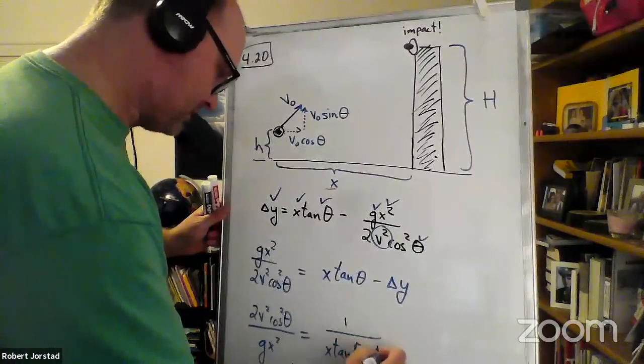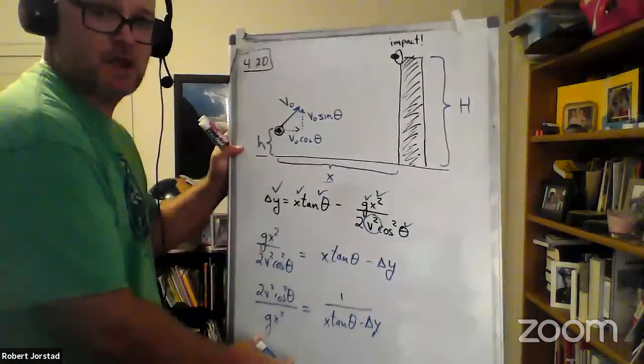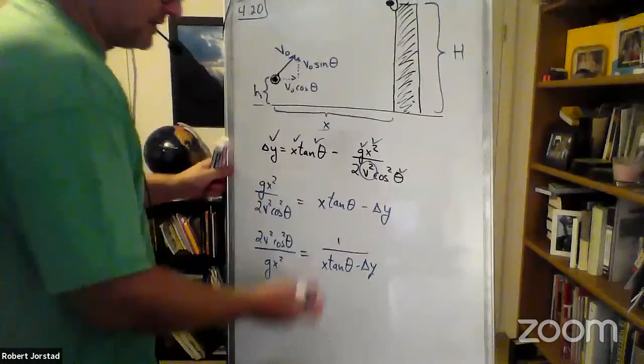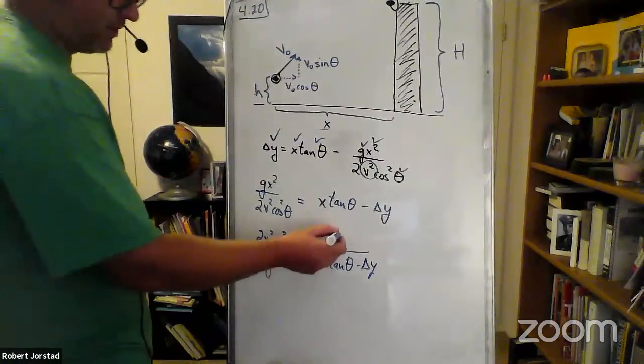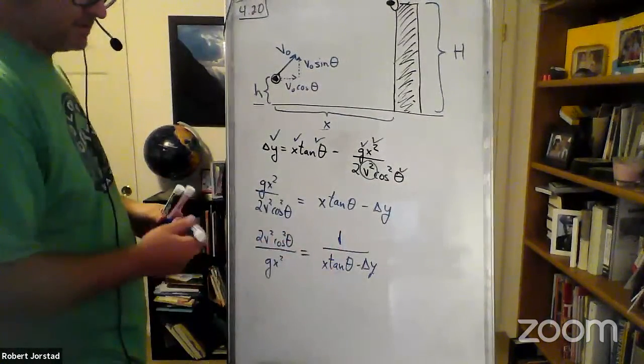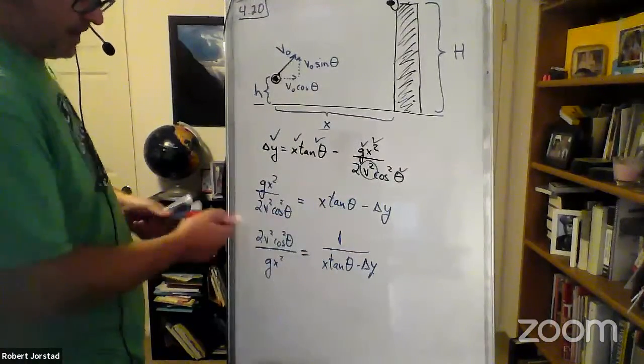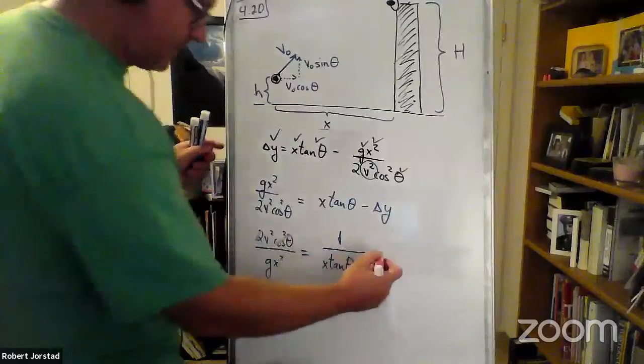Now I could go ahead and flip both sides. All I did was flip that. So I flip both sides. This becomes a 1 over. And notice you have to do 1 over the whole thing. So now it's easy to just multiply by all this. Well, I get a 2 and a cosine squared in the basement.